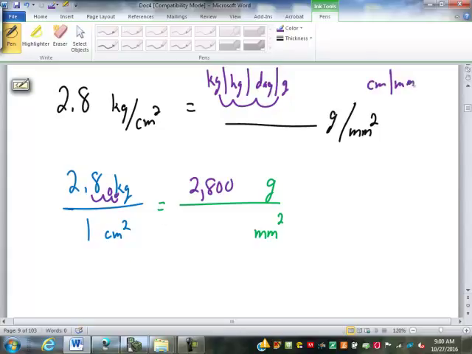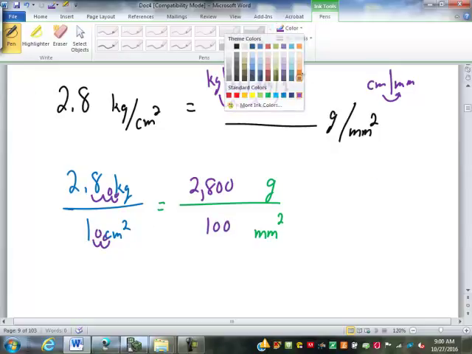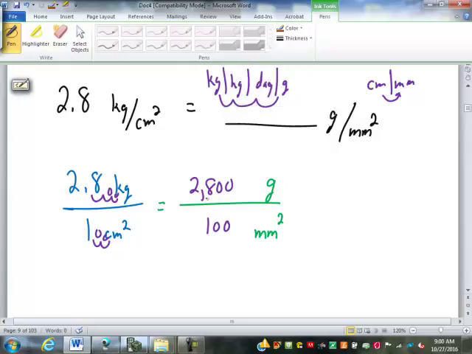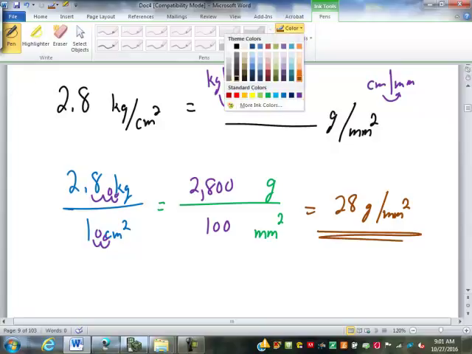Well, centimeters to meters on the chart is 1 spot to the right. But it's squared, so we have to go 2 spots. So going 2 spots, that's 100 millimeters squared. Now we do still have to divide this out. 2,800 divided by 100 is 28 grams per millimeter squared. Notice the number itself shouldn't change as the decimal point moves. So it's a matter of changing the decimal place.